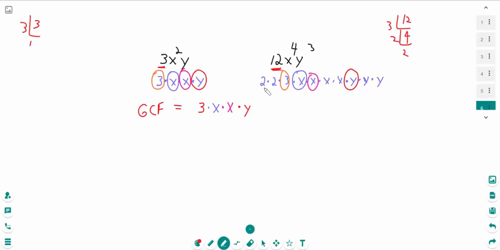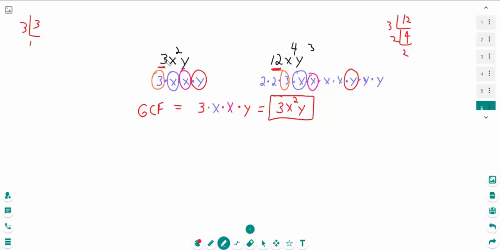Over here, all of these other leftover pieces are just the mismatches. They don't have any pairs, anything in common with this other term. So our final greatest common factor is going to be 3 times x times x times y. That is going to be 3x squared y. So that is our greatest common factor. Okay, so it's pretty straightforward.